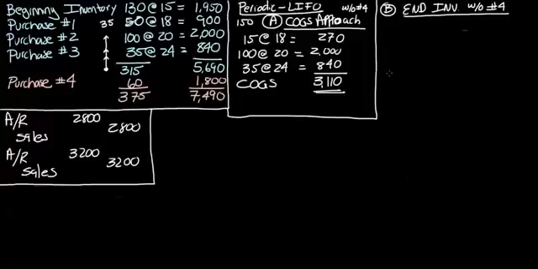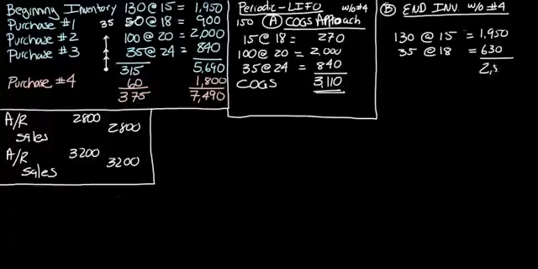So if I'm going to look at this from an ending inventory approach, I have 35 units at $18 a piece, which is 630. And then I have another 130 units at $15 a piece. So I have in my inventory $2,580. And that's 165 ensilage forks.